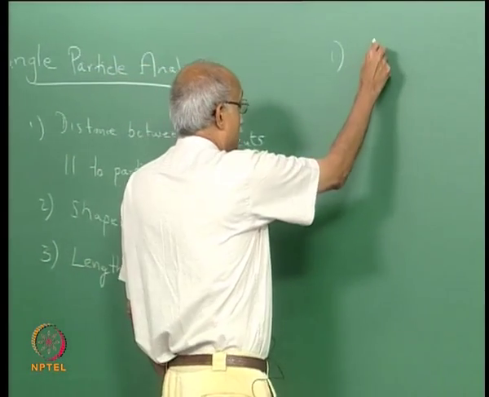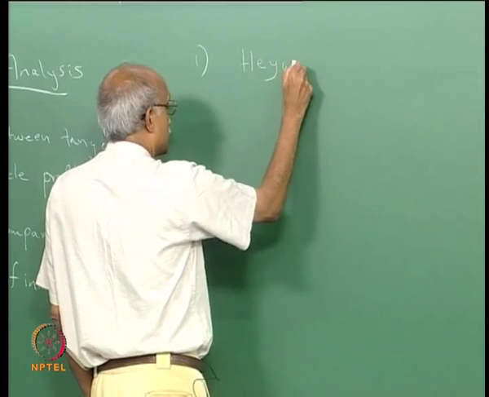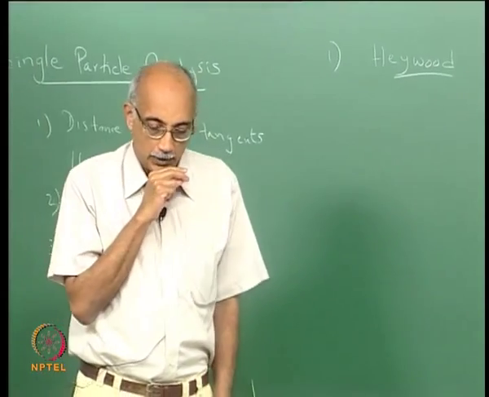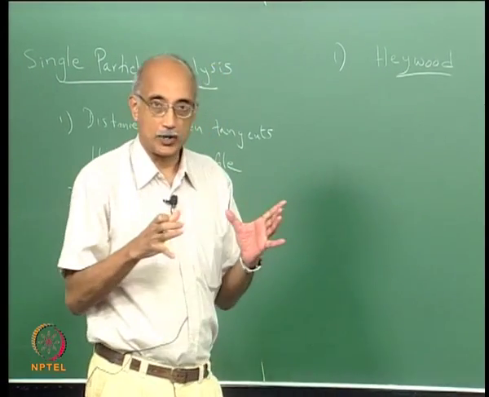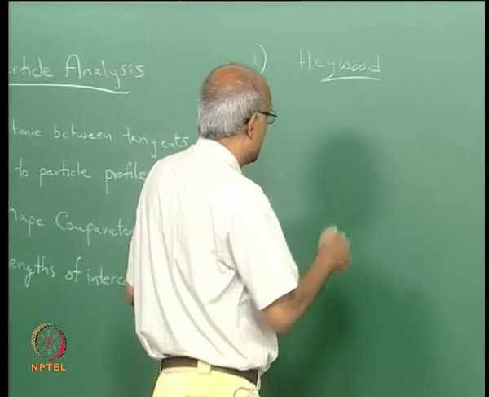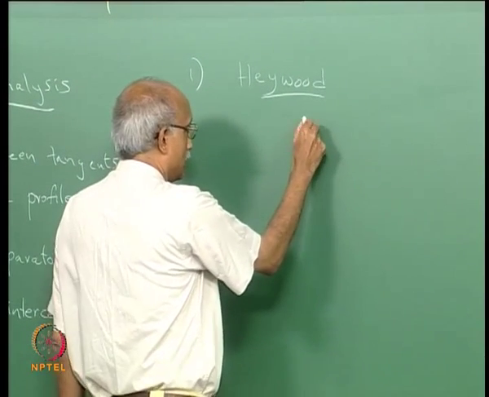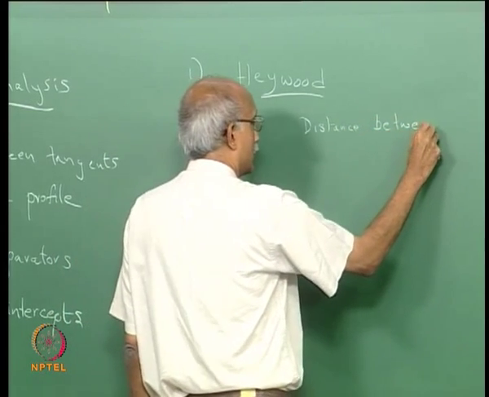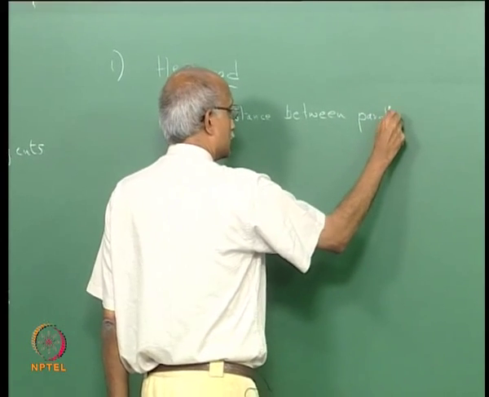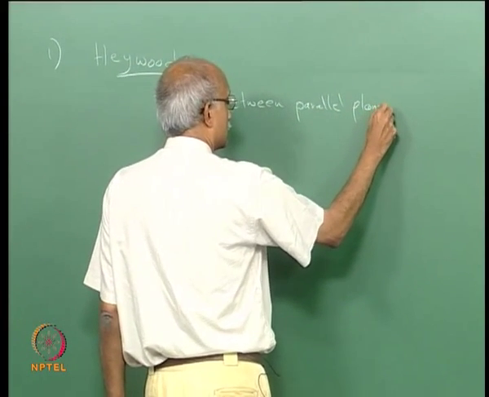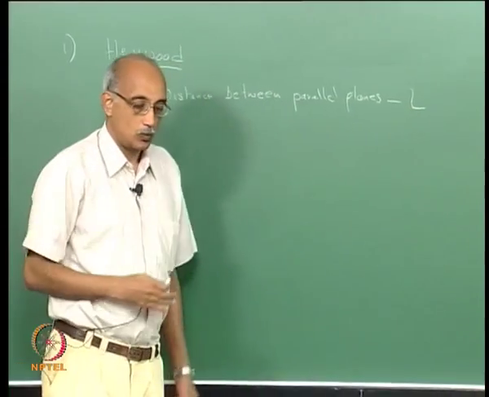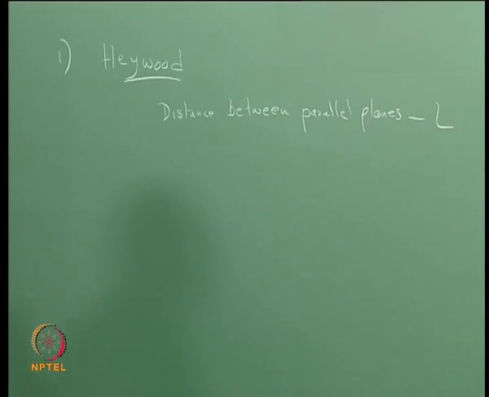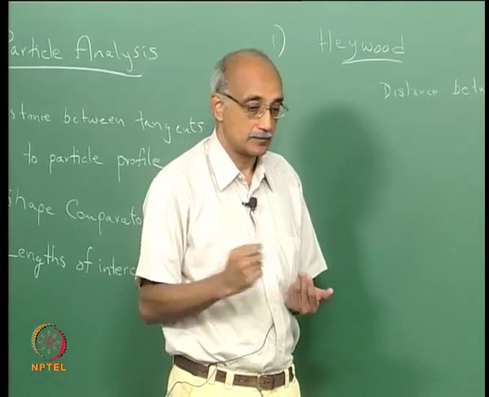The person that really innovated this was a person by the name of Hayward, who took the profile of the particle and he measured the distance between parallel planes in one arbitrary direction, and he called it L. So, the selection of this L dimension was entirely arbitrary.